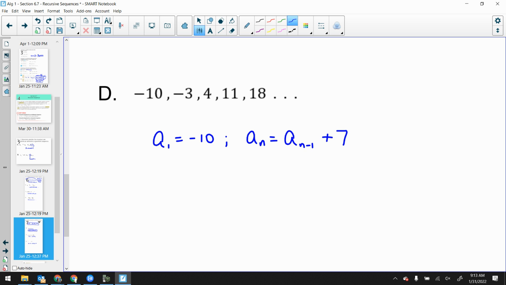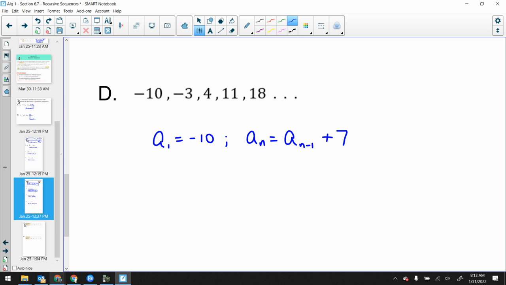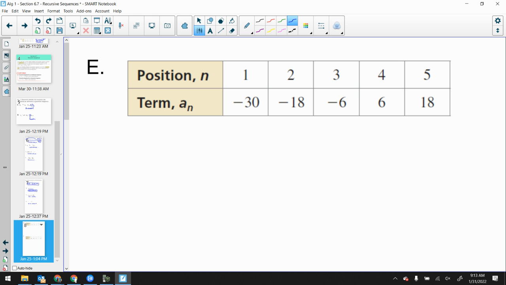And then my last two problems are just tables, just presenting it in a different way. It's the exact same thing. It's just the term on the top. What's the pattern in the bottom? 1, 2. What's the pattern at the top?